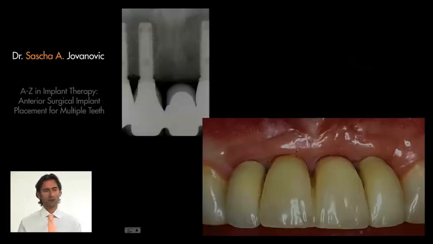Here the view of the radiograph. Notice the different height of bone. You can see here the height of bone here, and you can see the height of bone here. So the different layers. And that is very clearly showing already how we maintain more bone when we have a pontic.